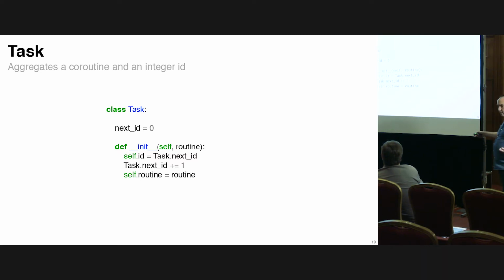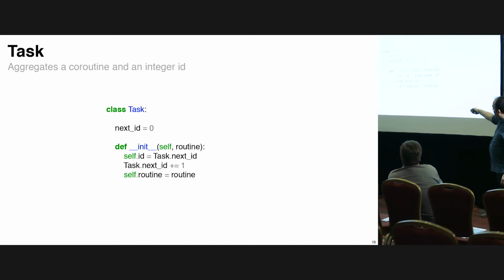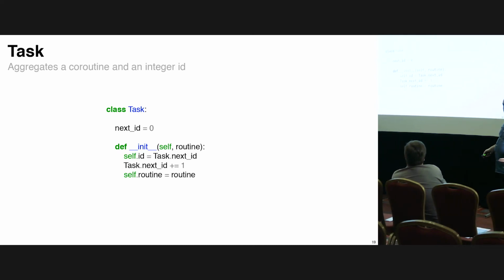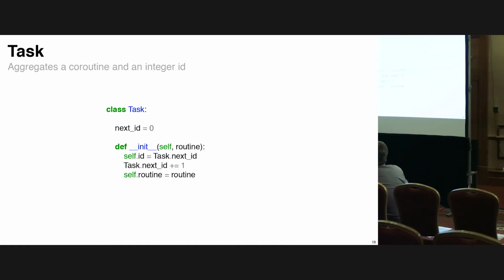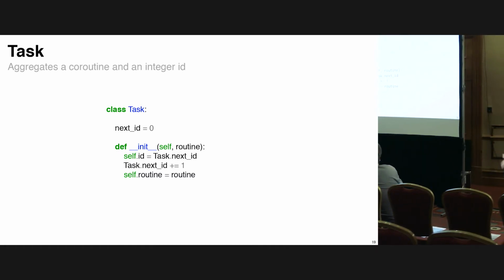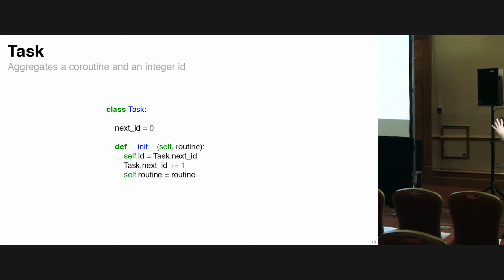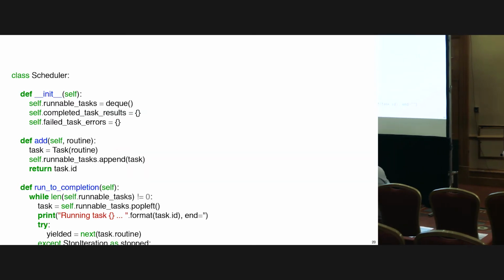So those of you who don't know Python very well, this thing is like a static variable in the class. We increment it, assign the current value of that to an ID for the task, and then we increment it so that we get task 0, task 1, task 2. So task is an extraordinarily simple thing.